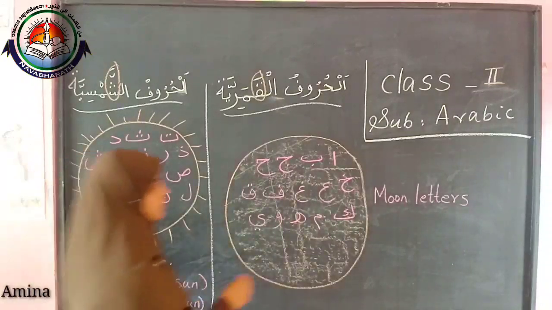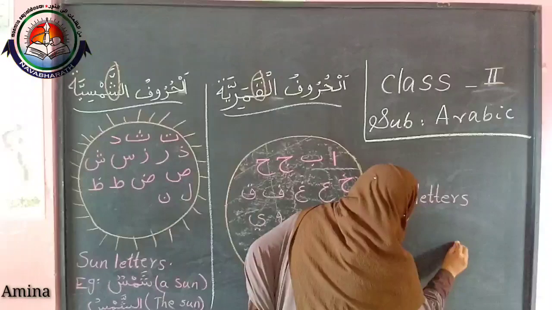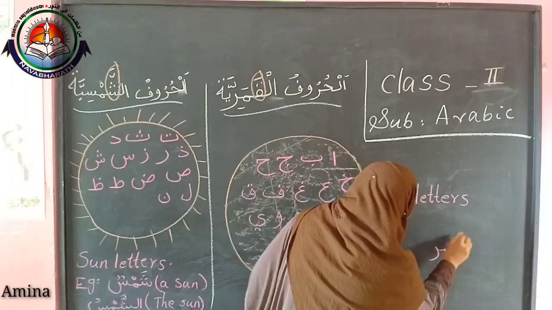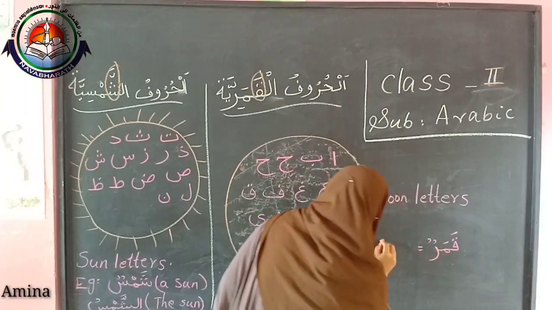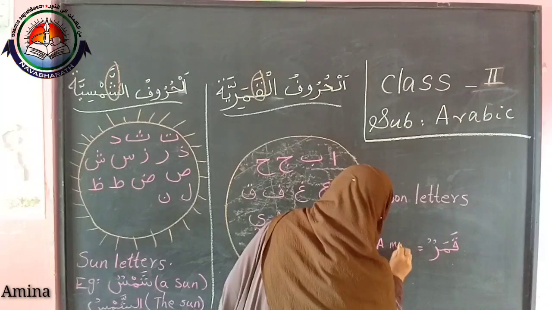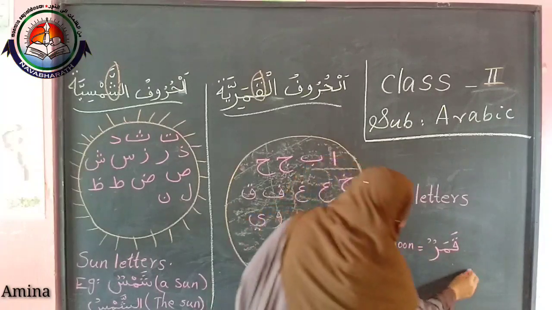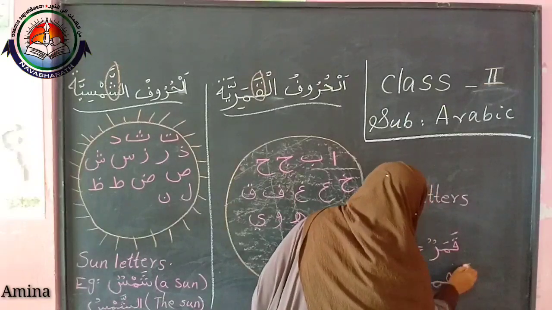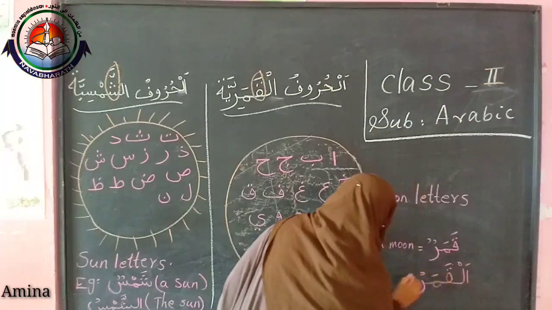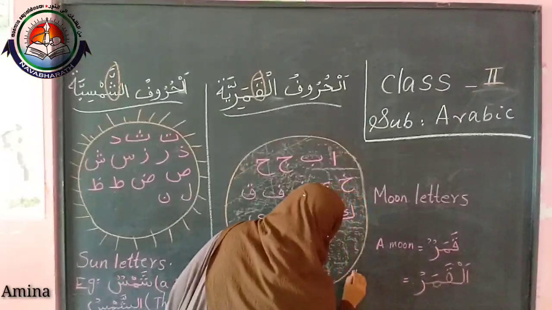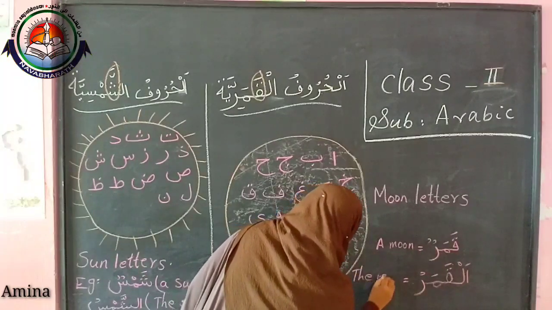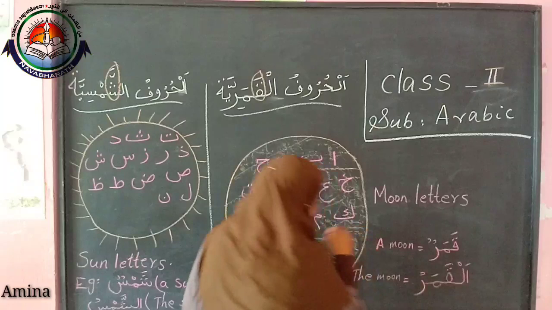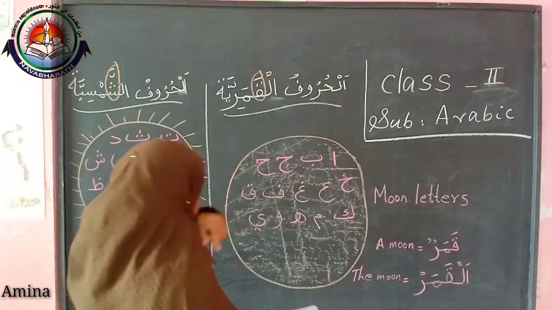Then here I will show you the example. Qamarun means a moon. If we add alif and lam before that word, al-qamaru, we will get the meaning the moon. Now, did you understand?